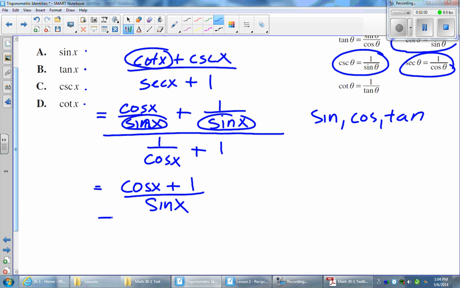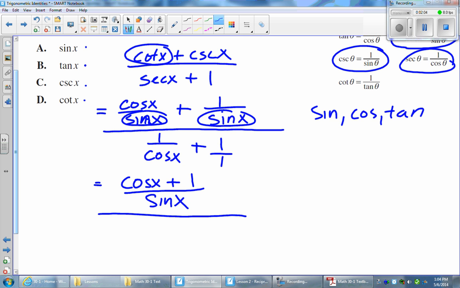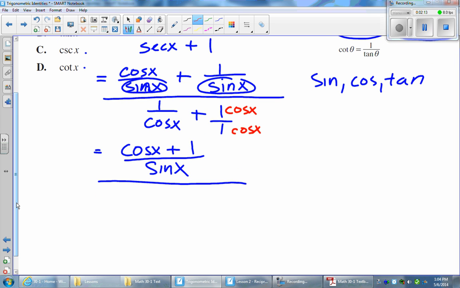Now on the bottom it's a bit of a different story. We do not have the same denominator, but we definitely can create the same denominator. So I'm going to take this 1 over 1 and multiply the top and the bottom by cos x, and that should create the same denominator. So what I'm left with is 1 over cos x plus cos x over cos x.